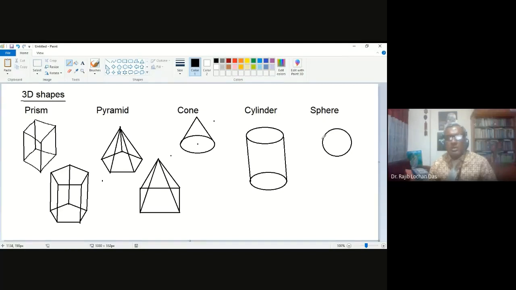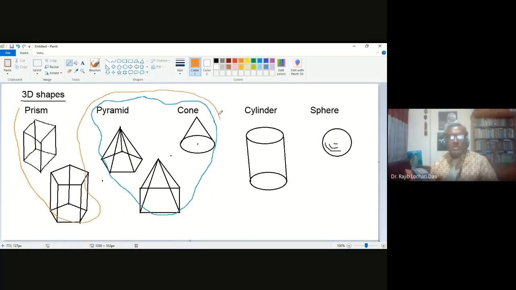That's all. So it is the understanding, and if you know this, then you will easily understand the formula. The same formula will be for pyramid and cone, because they are same in the shape. And the same formula will be for prism and cylinder, because they are also same in the shape.